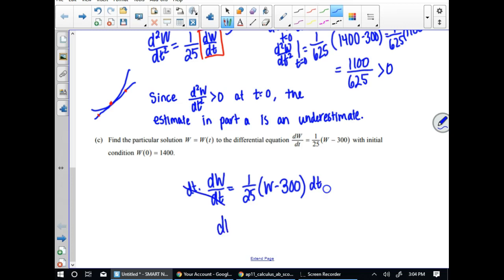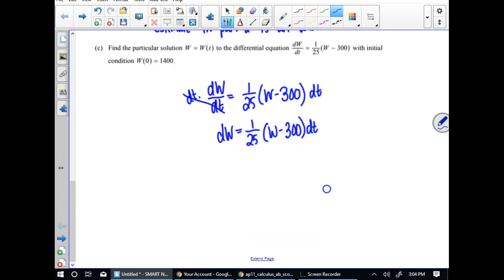So we get dw equals 1 over 25 times w minus 300 dt, but we can't really leave it like that because we need to get the w on the other side, so we're going to divide on both sides by our w minus 300. And so we have now separated our variables. We got 1 over 25 dt.